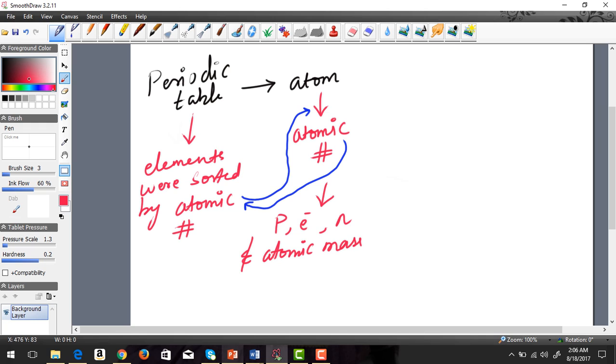And what do we do after that? I will use black because I want the sequence to be all in one color. And then we talked about orbitals. This is where we talked about how electrons are spread across.